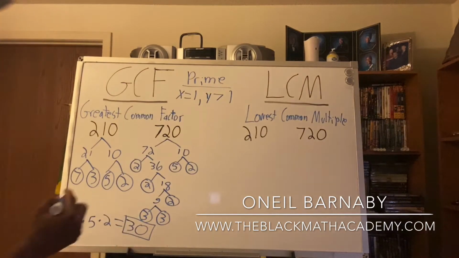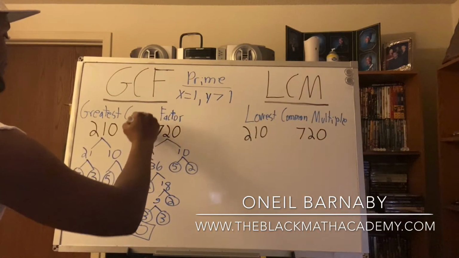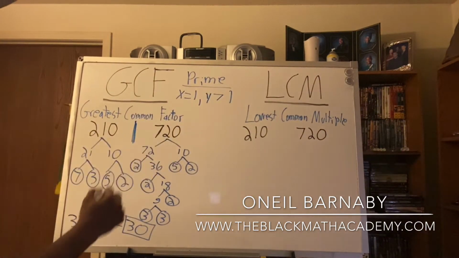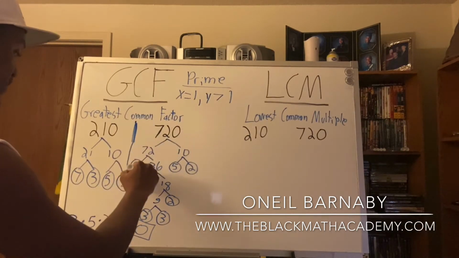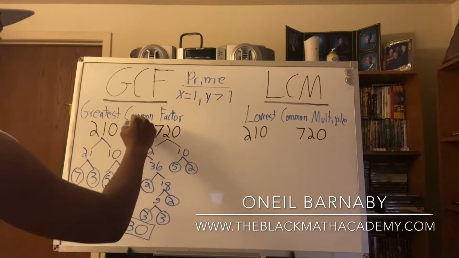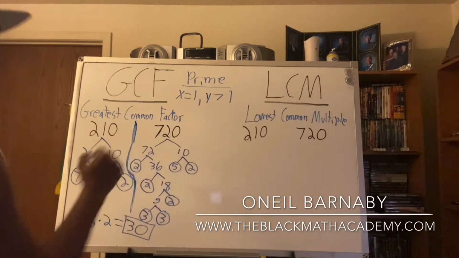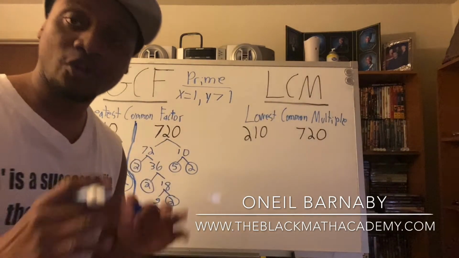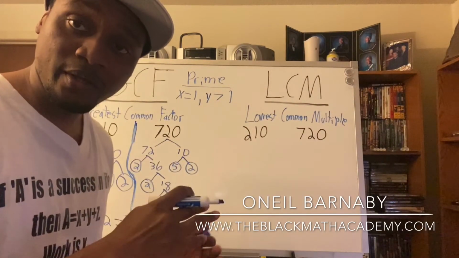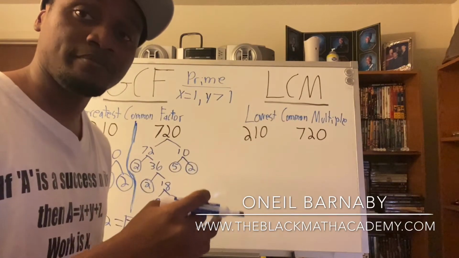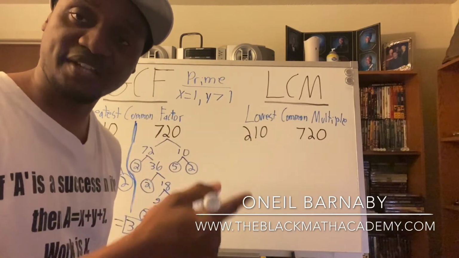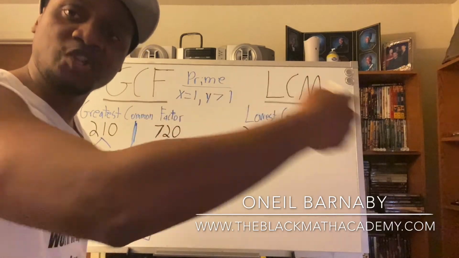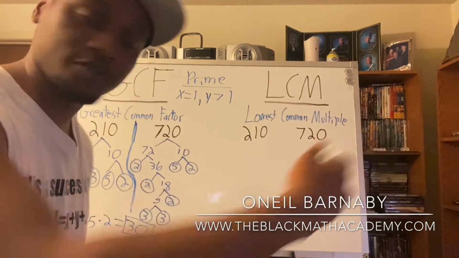So what I would do is split the 2 sides like this, 210 and 720. So split it down that way. And we're going to use all the prime factors that appear, but we're going to use the ones that appear the most number of times on either side. So we'll go through each prime factor to show you how that works.